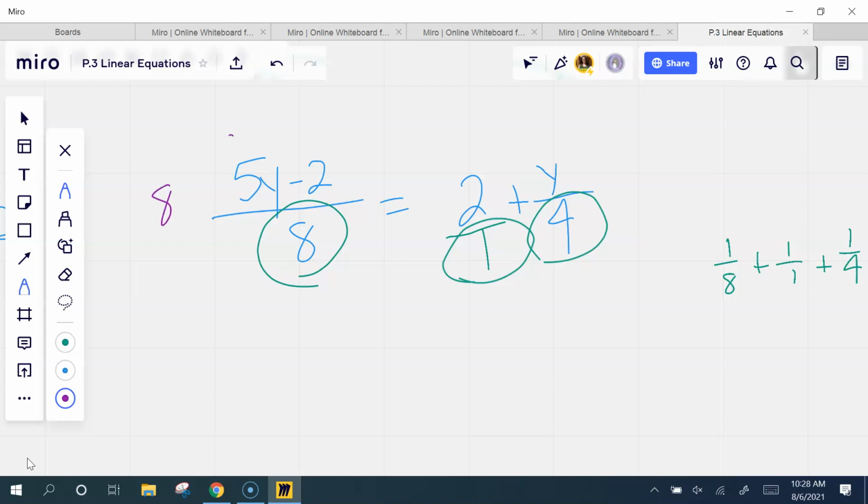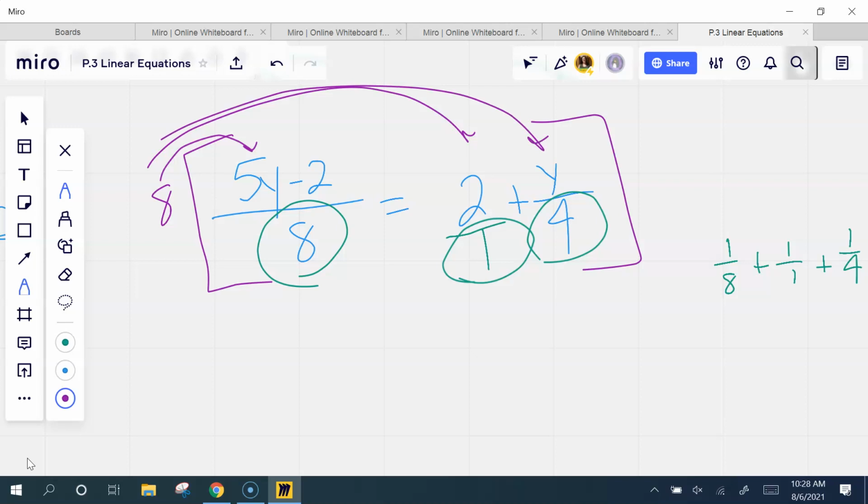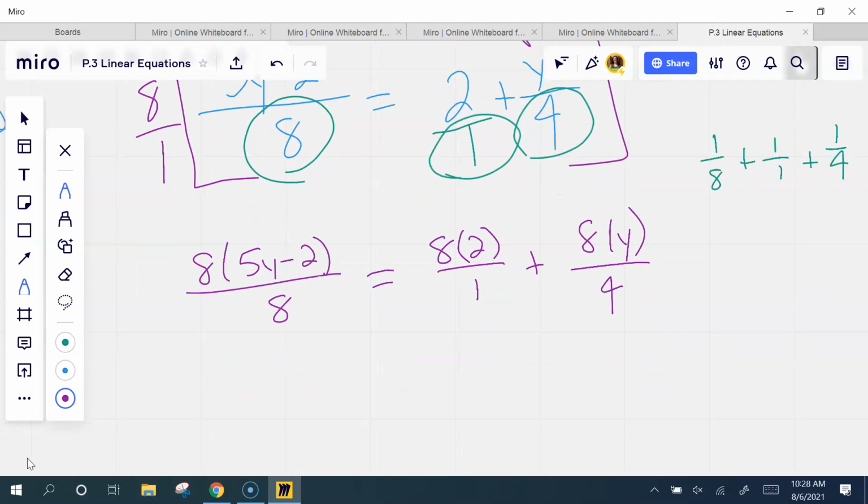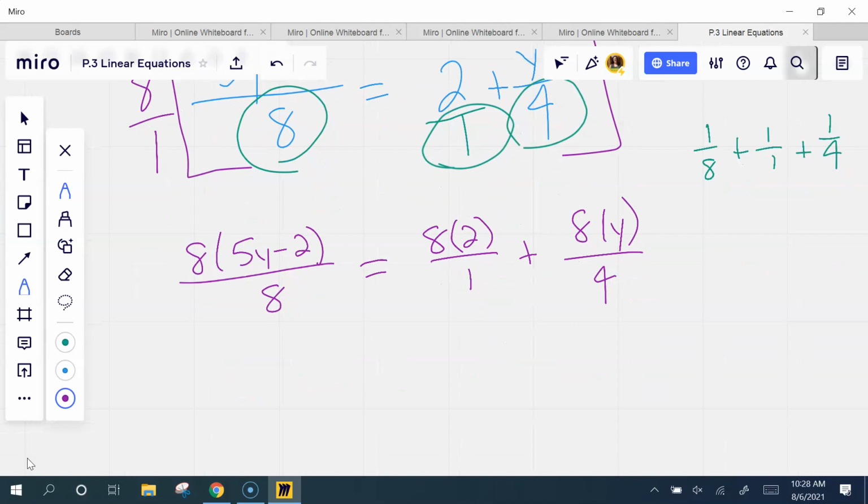So if I multiply everything in the equation by 8, okay, it's going to go to every single piece of the equation. Well, here, if it's in the top and the bottom, it cancels, right? This ends up being 8 times 5y minus 2 over 8 equals 8 times 2 over 1 plus, I'm taking that 8 to everything, and this is a long way to do it, just so you see where it's coming from, because y'all look a little confused.